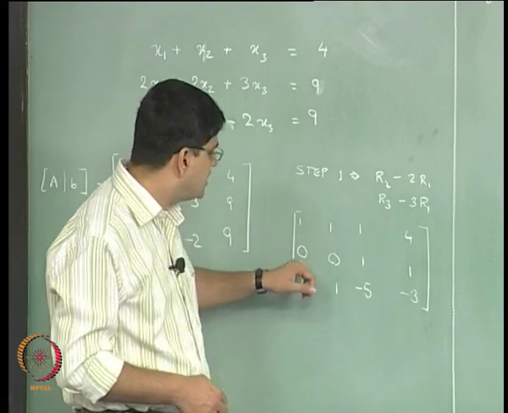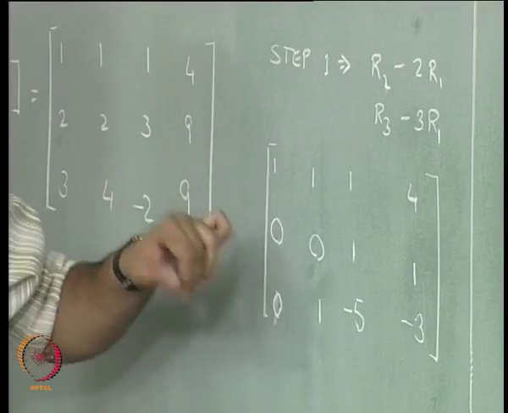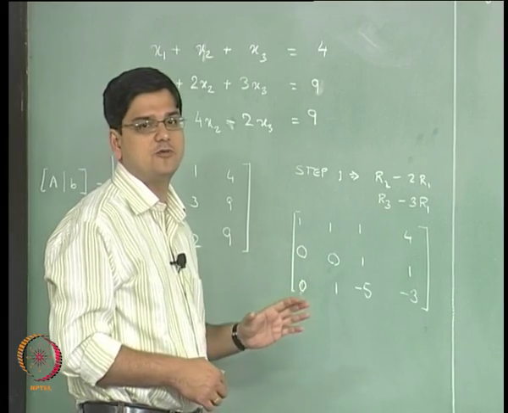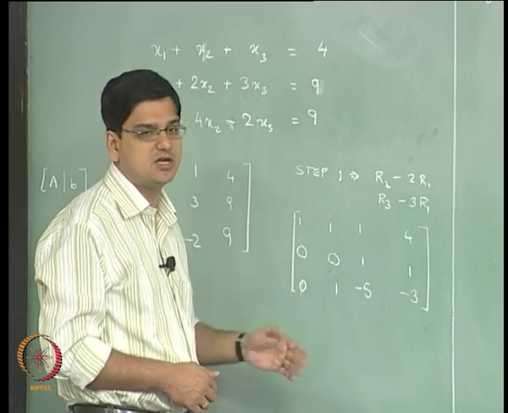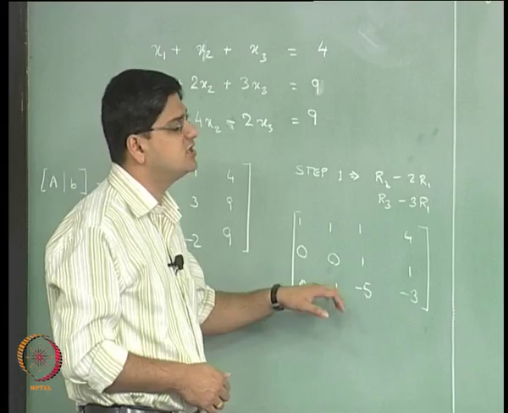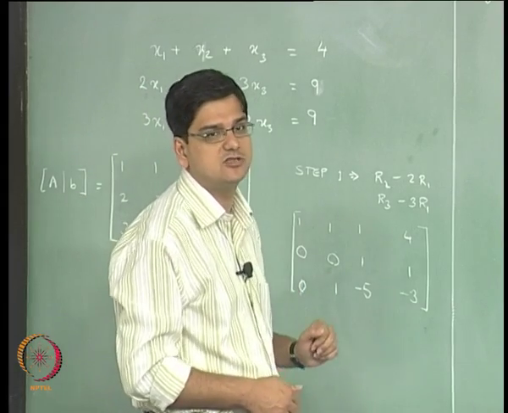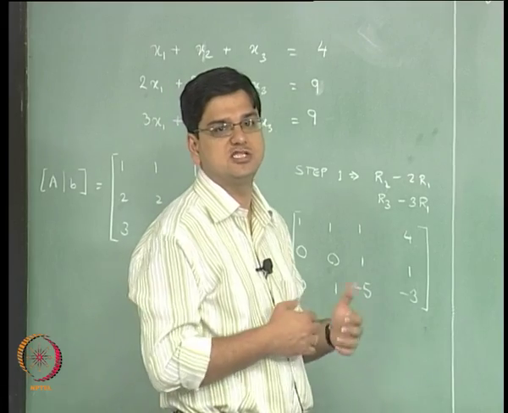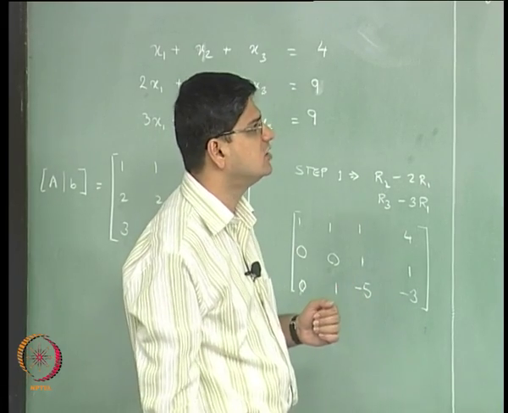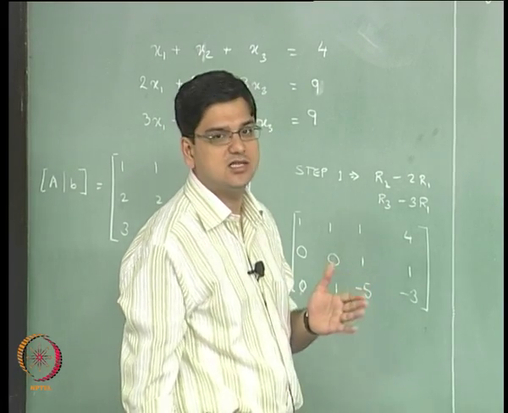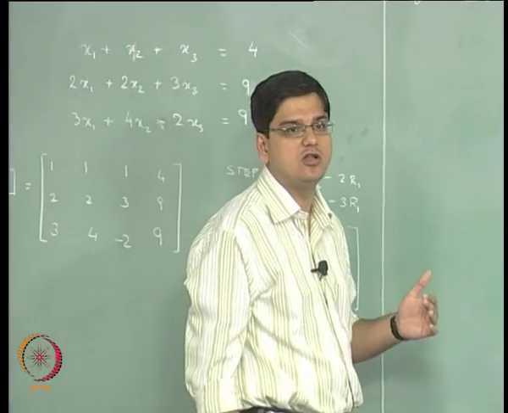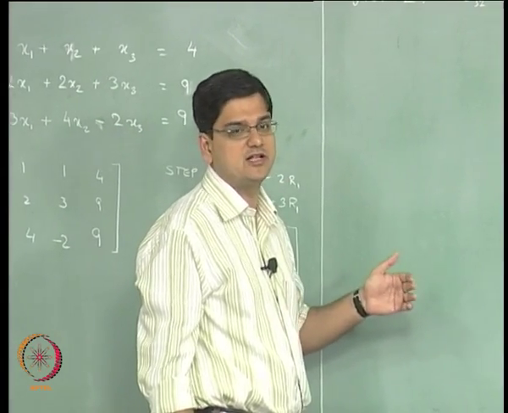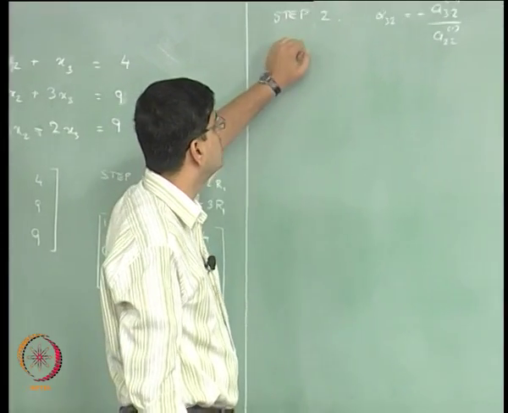So this is not just true in the case where the diagonal term becomes 0, but numerical problems in Gauss elimination method happen even under conditions where the diagonal term is non-zero, but the difference between the two terms ends up being much smaller than the value of the two terms itself. And we had seen how this affects the overall results and the error during the error analysis part of this course in module 2. Okay.